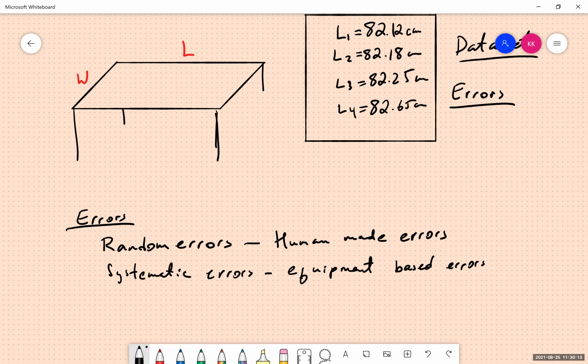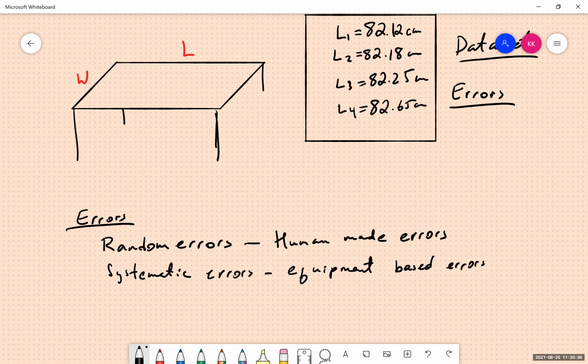Even the same person, if it's just you doing, let's say, 5 to 10 measurements of the same thing, at the end you're going to get tired. You might not be as accurate as you were at the beginning. So random errors always have to be taken into account. Systematic errors can be corrected.